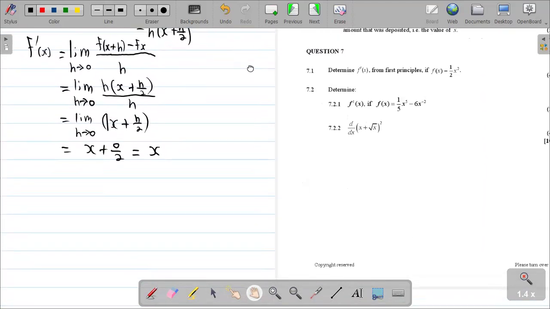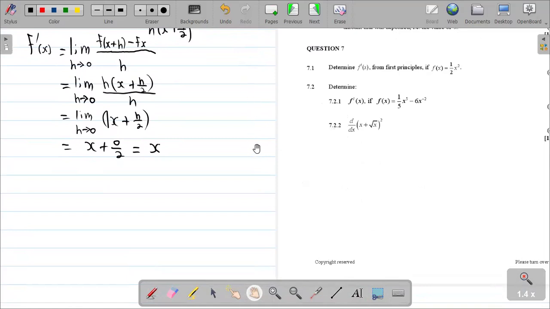So now let's go to 7.2. 7.2.1. We are supposed to find f prime of x.